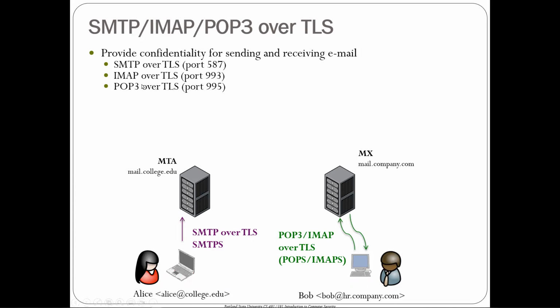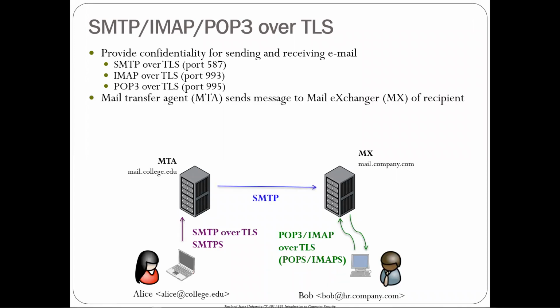And so this is a picture of it. Now when Alice sends her message to this mail transfer agent or mail server, she can send it over TLS. And then when Bob retrieves the messages, Bob can also do this over TLS to hide the credentials and the contents. Typically on the back end, you could do things over TLS, or for backwards compatibility, almost every single mail exchanger is going to allow regular SMTP to and from the client.